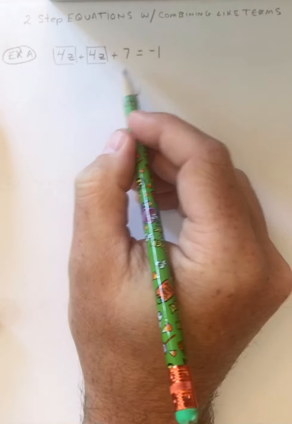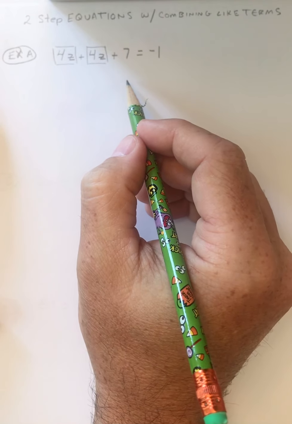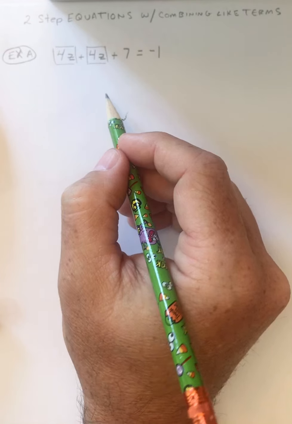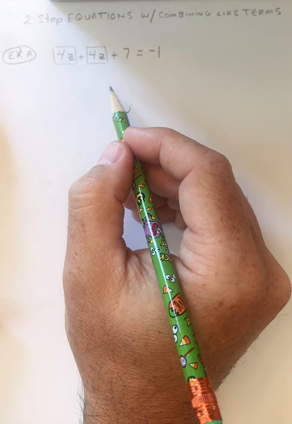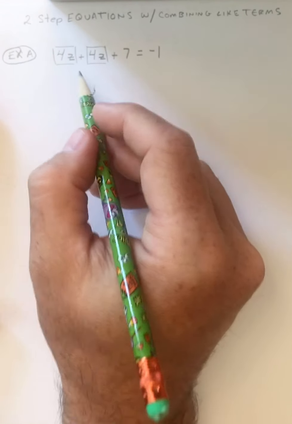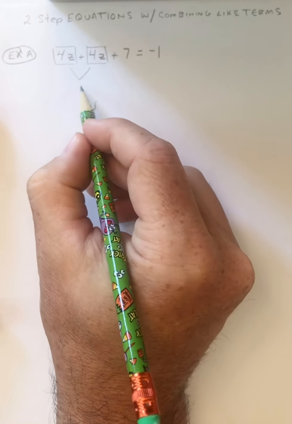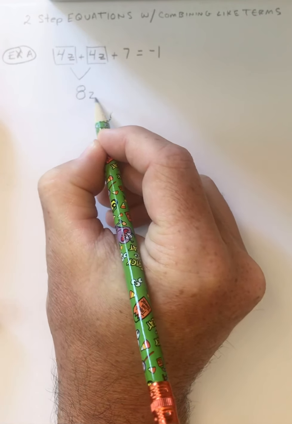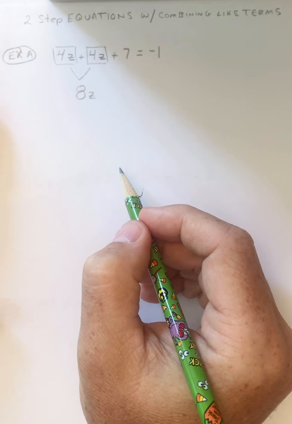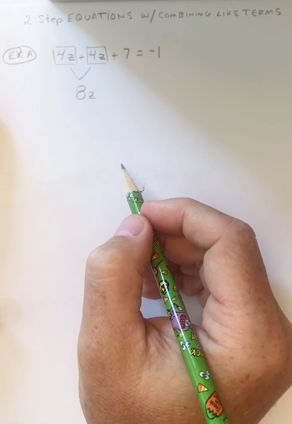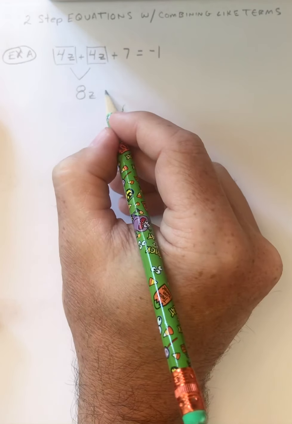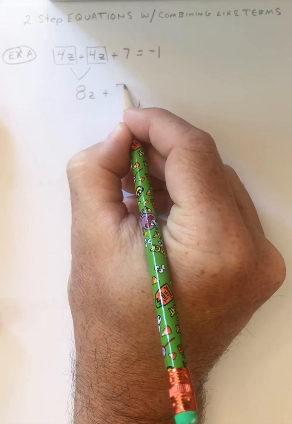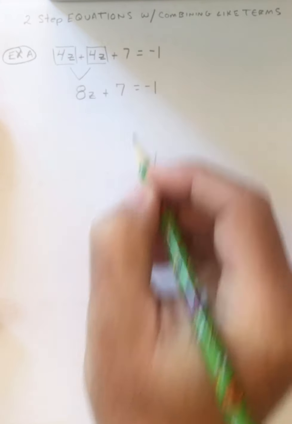Like we'll do boxes and circles and triangles. I'll show the box way. Maybe I'll show it a different way for one of the other examples, but this is pretty straightforward. So I got my 4z and 4z. And remember, I'm adding the coefficients. Okay, I get 8z plus 7 equals -1.